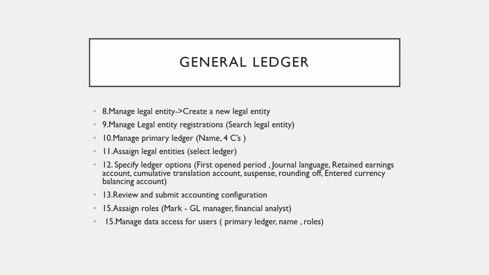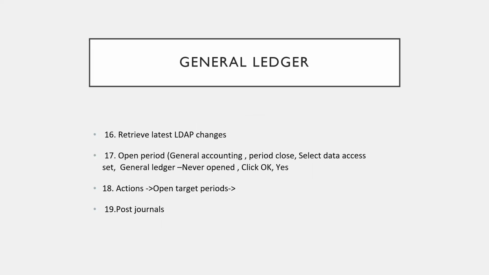Then you will go ahead and do manage data access. You will go to the setup called manage data access, and you will select your name, that is Neha, and you will select general accountant, and whatever ledger you want to access, all these things you will do in manage data access for users, so that you will have access to whatever you need to perform.